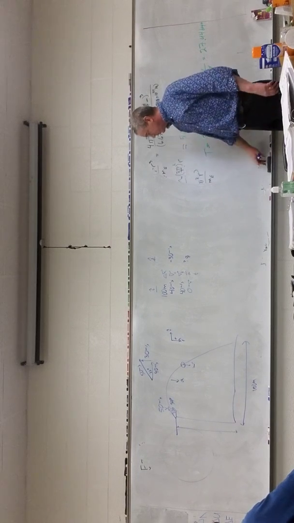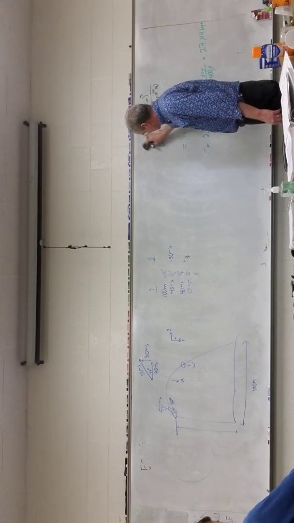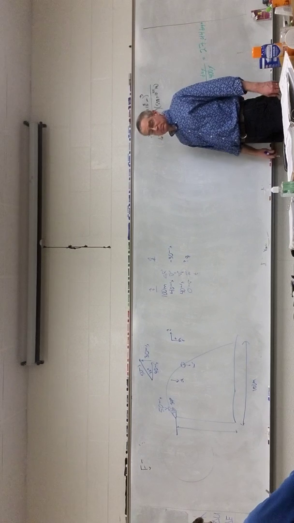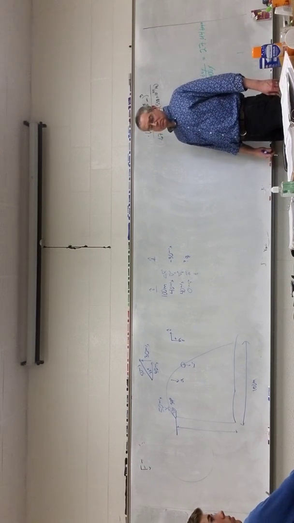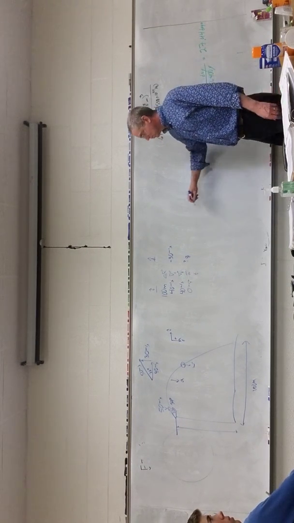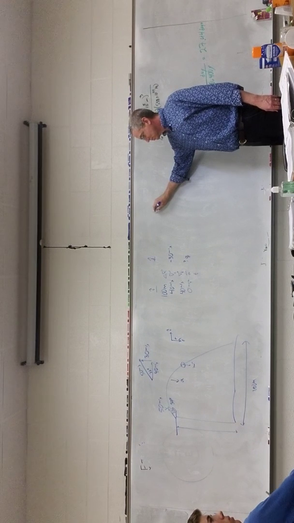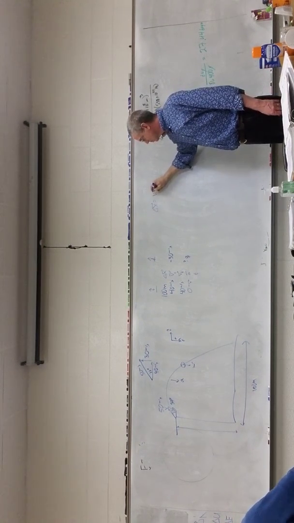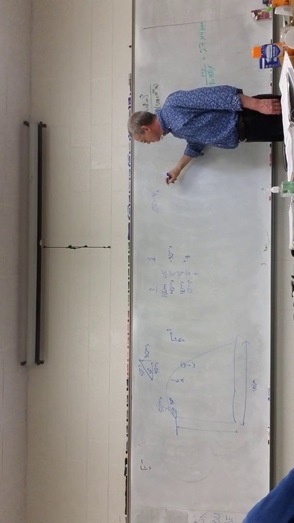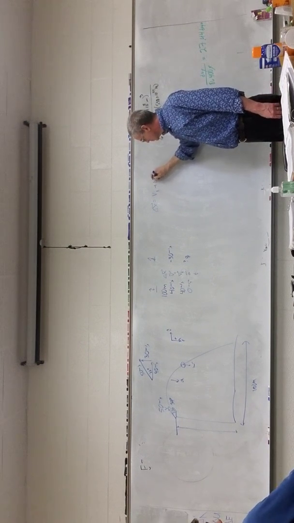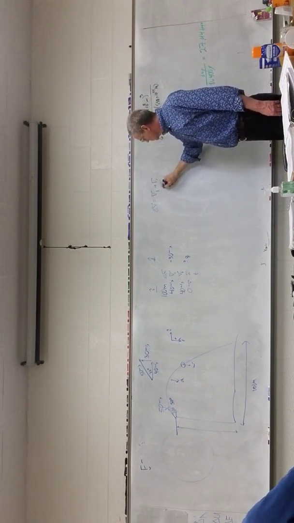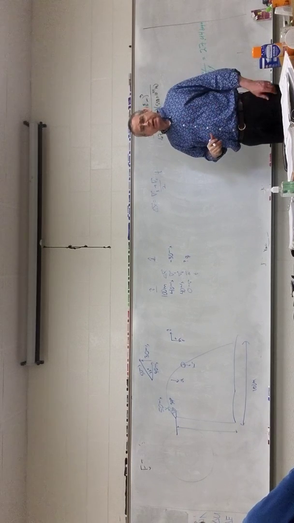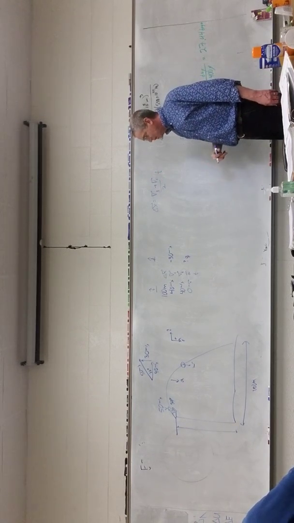Yep. So how would we find time? We use the first equation: displacement equals velocity F plus velocity I over 2 times time. All right, that works because we know that they are the same.